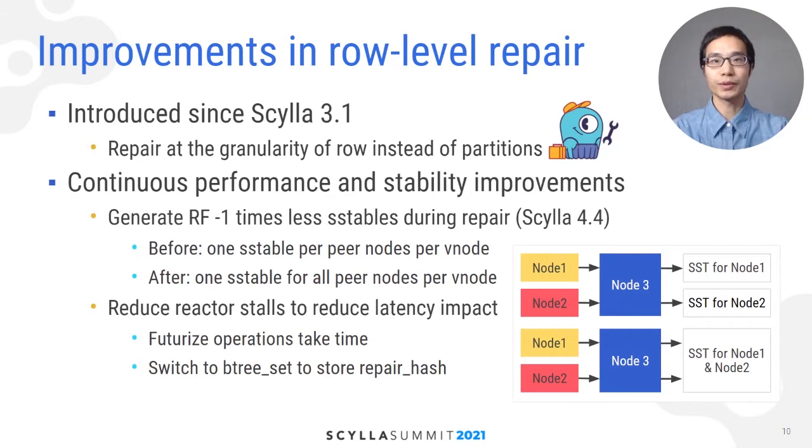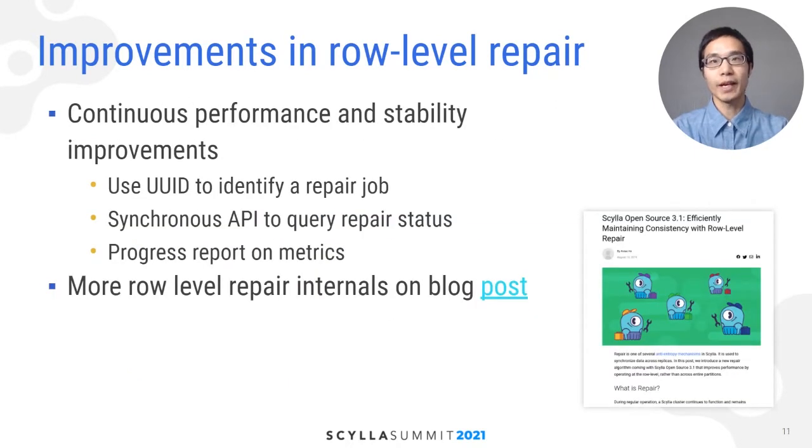We also improved the latency impact during repair. For instance, we converted more time-consuming functions to futures to avoid stalls. We also switched to use a B-tree set to store repair hashes to avoid big memory allocations and reduce latency. To make it easier to identify a repair job, each job is now attached with a UUID.